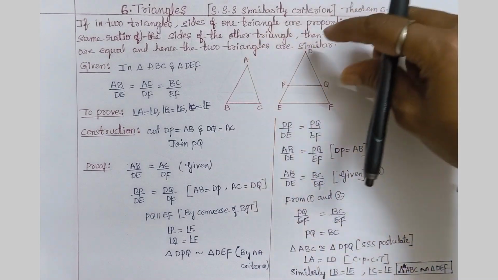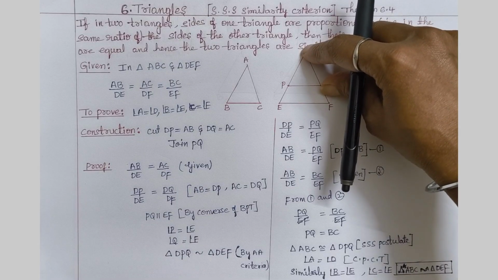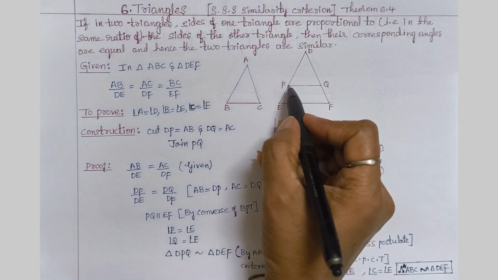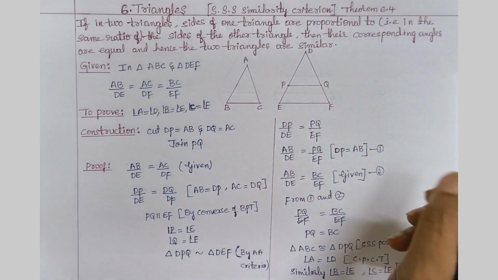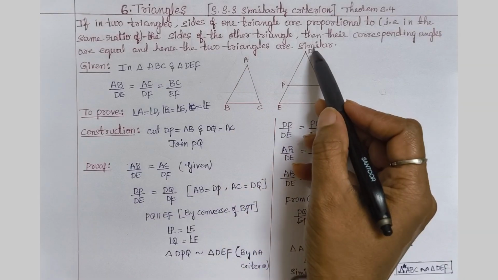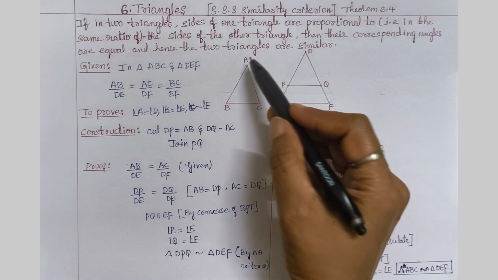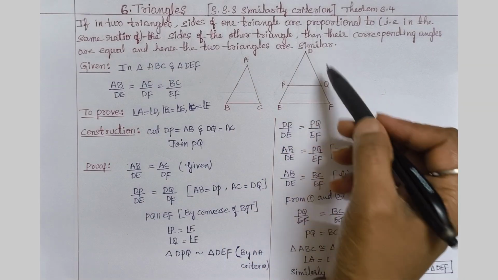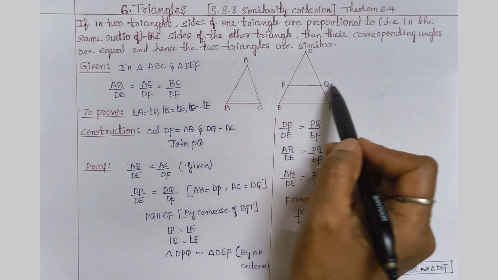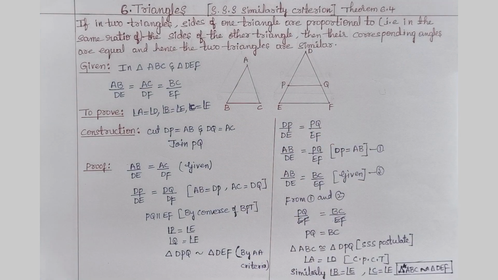Next, AC and DQ we take equal. Construction: take DP equal to AB, DQ equal to AC, and join PQ. This is the construction.